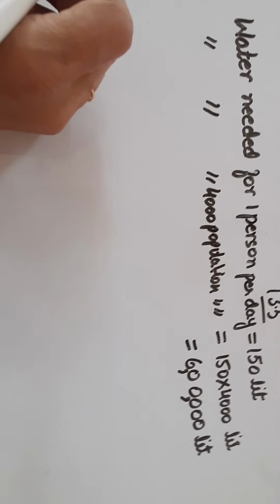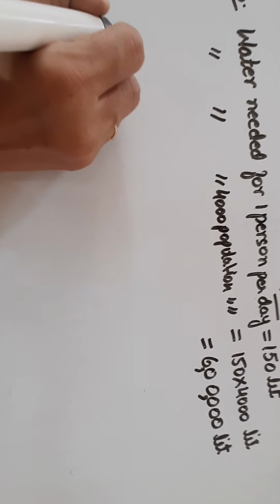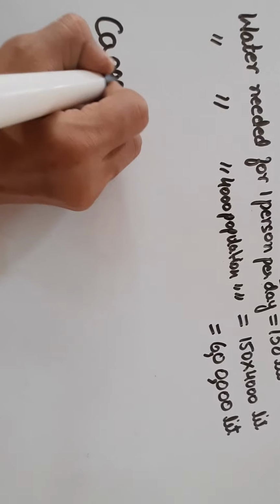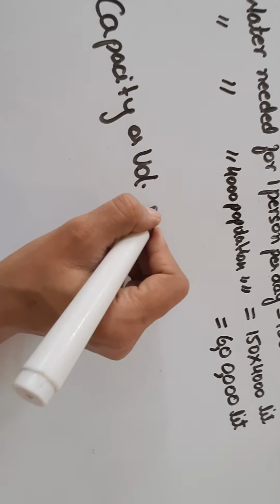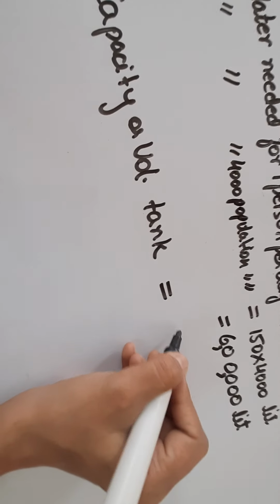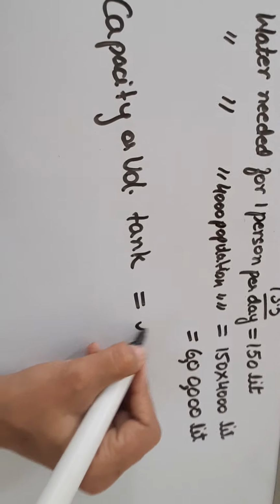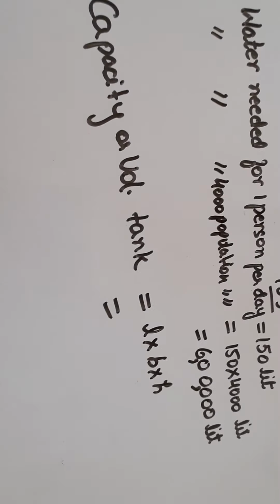Now let us see what is the capacity of the tank. The capacity or volume of the tank, which is cuboidal in shape, can be calculated by the formula L into B into H because its dimensions are given to us.